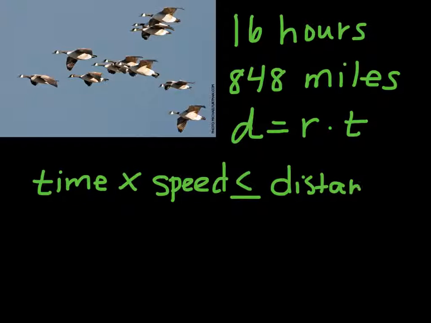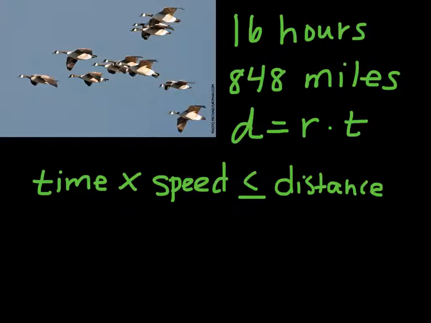Now, why did I use less than or equal here instead of an equal sign? That's because we're getting an average flight speed. So we can't necessarily say that our flight is always equal to this speed. It's going to be equal to that speed or less than, so that it will give us the correct average speed. Make sense? I hope so.